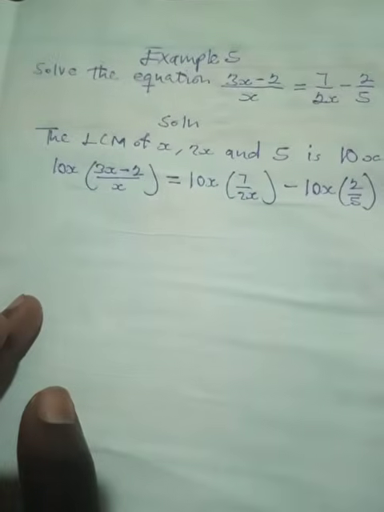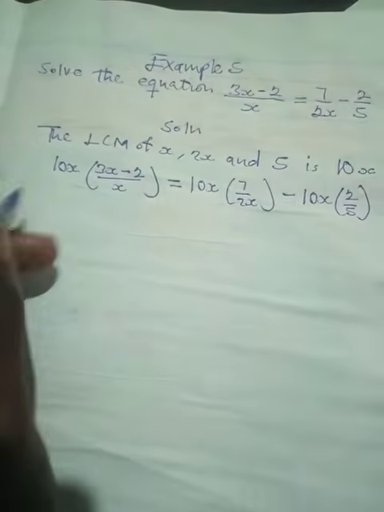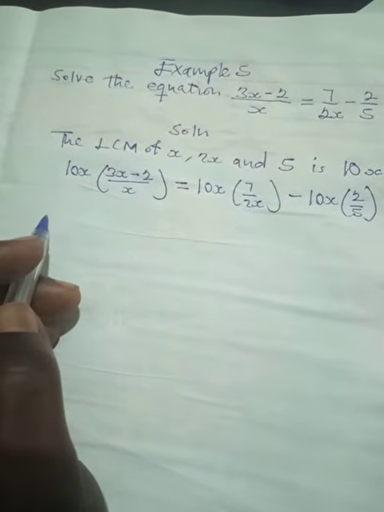When you are expanding the bracket, the 10x will only multiply the numerator.